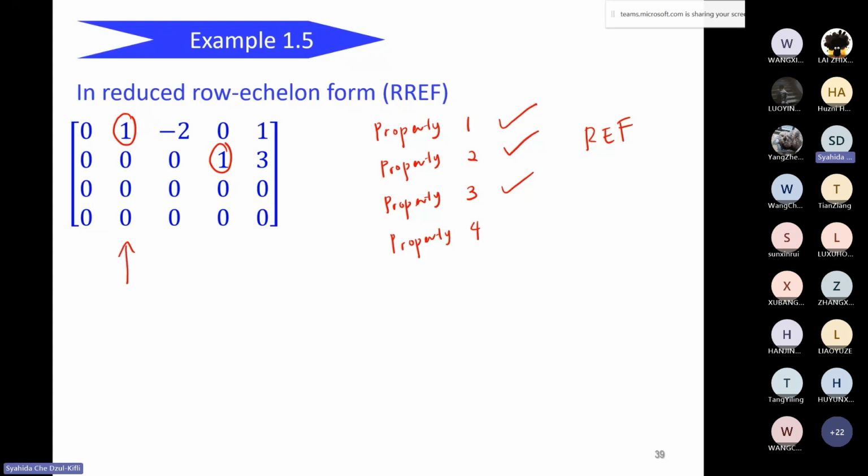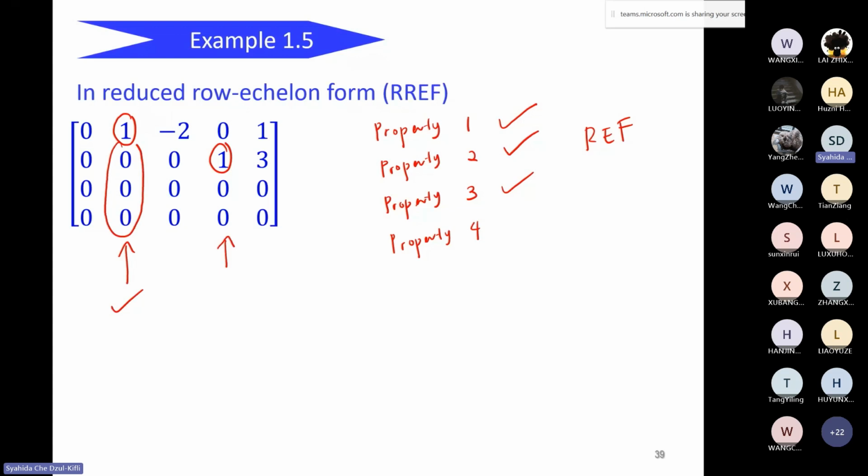So this is the first column with a leading one. This is another column with a leading one. The property says that in a column with a leading one, the other elements must be zeros.